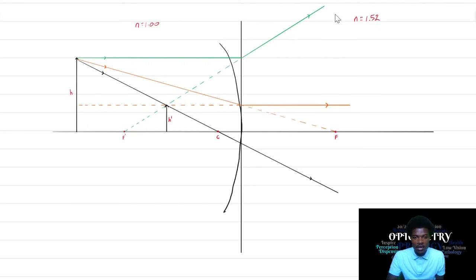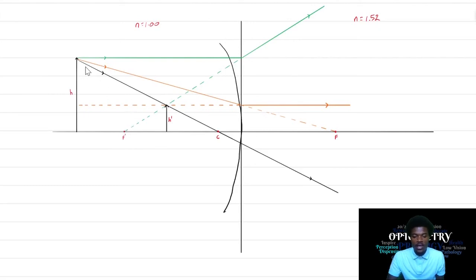In this case, it diverges. However, remember that our first parallel line that runs parallel to the optical axis, it always runs through the secondary focal point. So we hypothetically draw back that line, extrapolate it backwards to meet the secondary focal point.